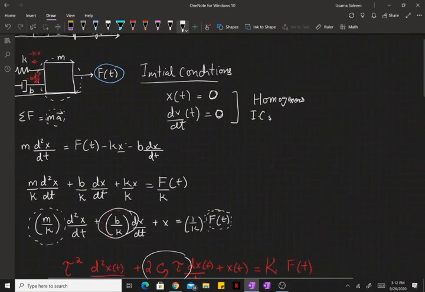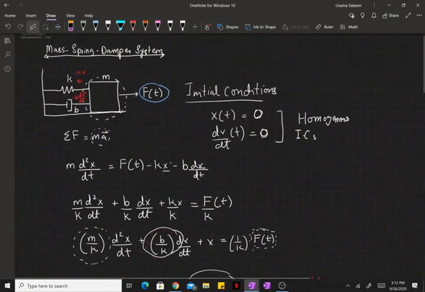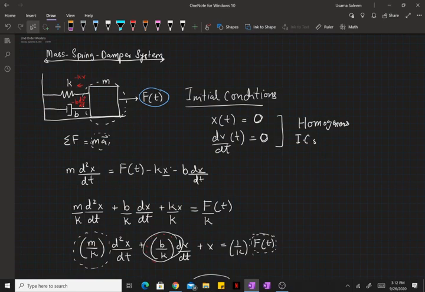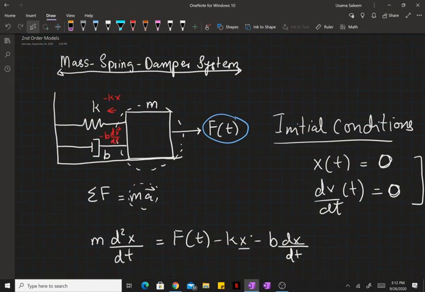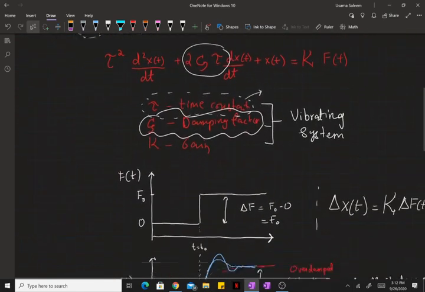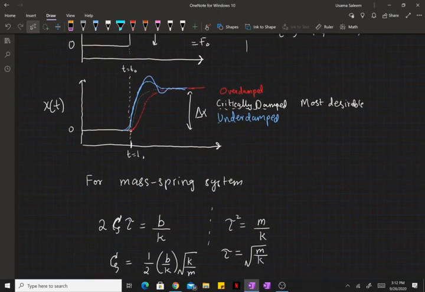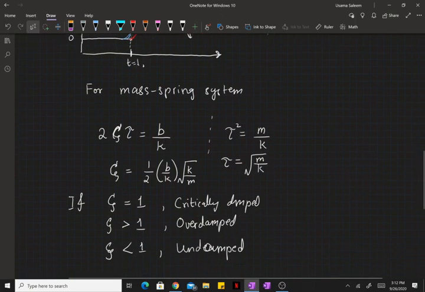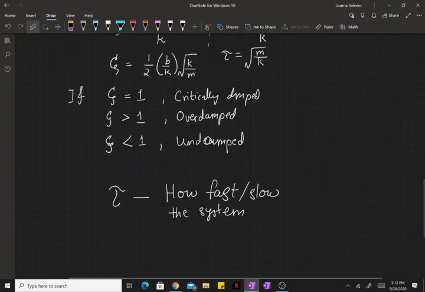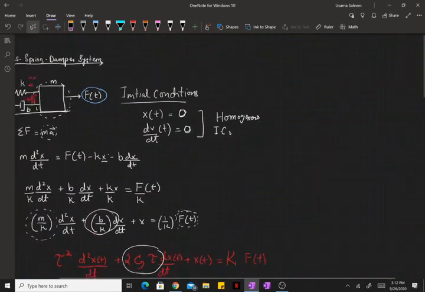So this pretty much sums up our discussion for a higher order system. And for most problems in this course, you will not encounter models that have a higher order than 2.